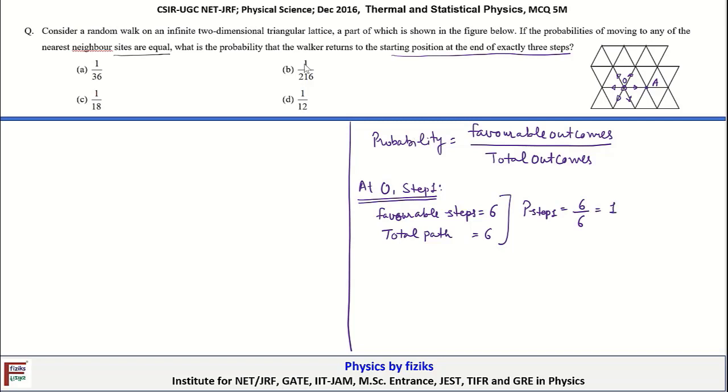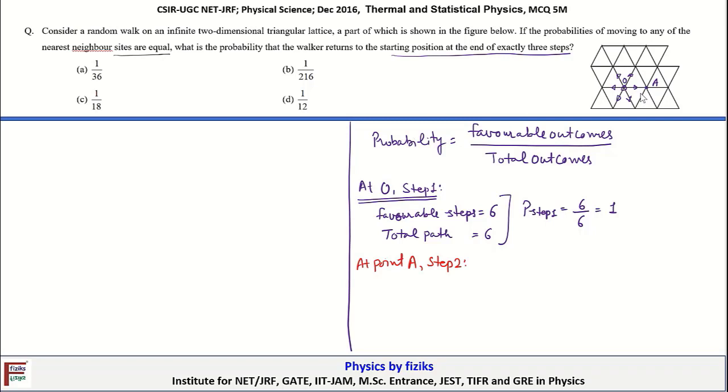So this is equal to 1 for the first case. Okay, now as I said, if we assume that the random walker has moved along the direction O to A. Okay, now again at this point we have to identify the total possible outcomes of taking the steps, and then the favorable outcomes. So at point A, that is step 2.